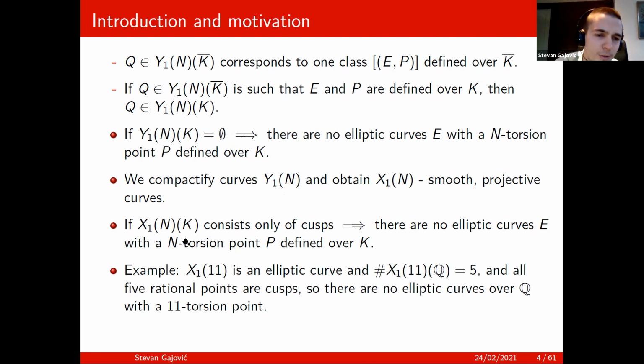And if X1(n) contains only cusps, it means that Y1(n) is empty, and there are no elliptic curves with n-torsion defined over this field K. For example, this is one of the most presented examples about Mazur's theorem: X1(11), when we compute its equations, we obtain that it's an elliptic curve, and it has rank 0, so it has only 5 rational points, and all 5 rational points are cusps, so there are no elliptic curves over Q with an 11-torsion point.